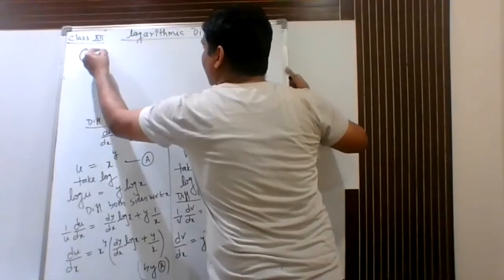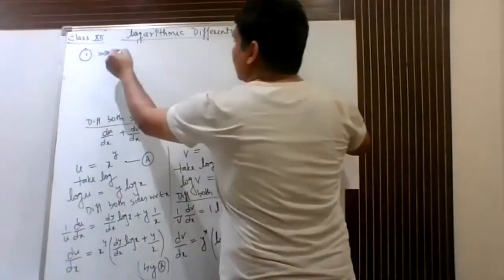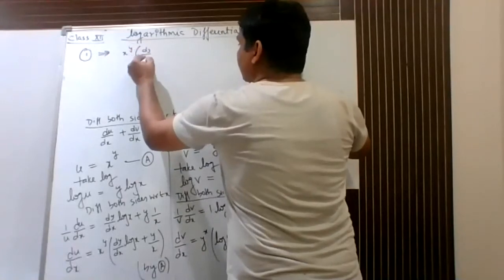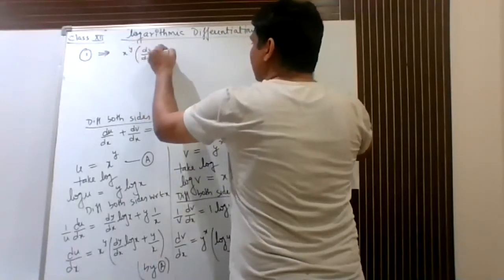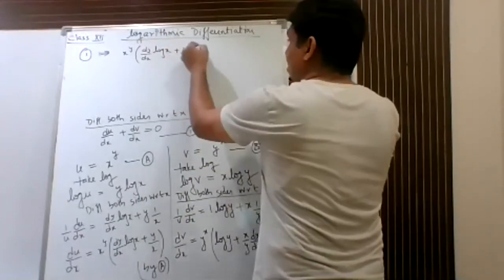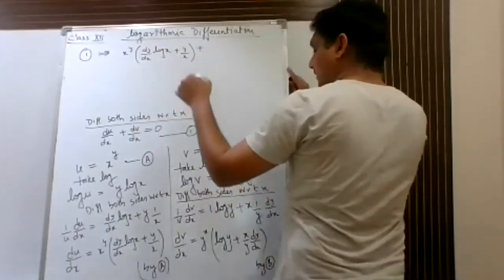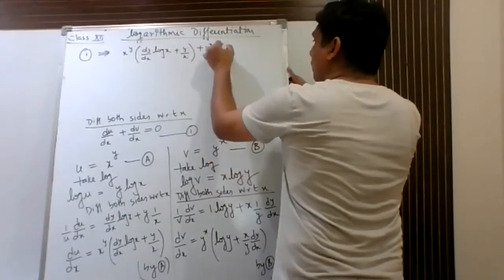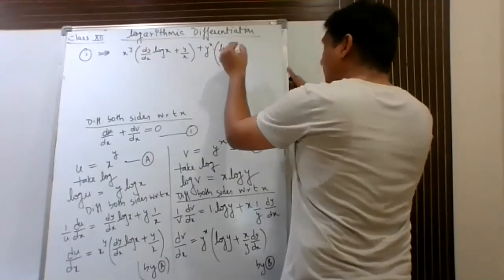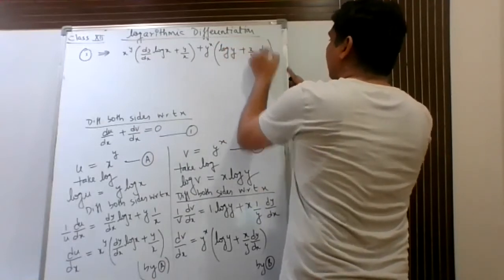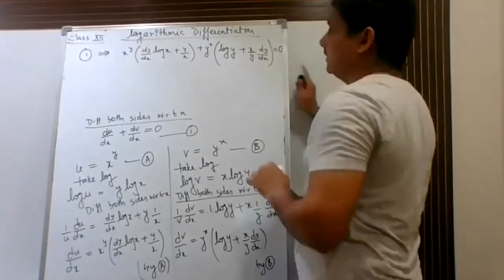So number 1 will imply x to the power y into dy upon dx log x plus y upon x, plus y to the power x log y plus x upon y dy upon dx, that is equal to 0.